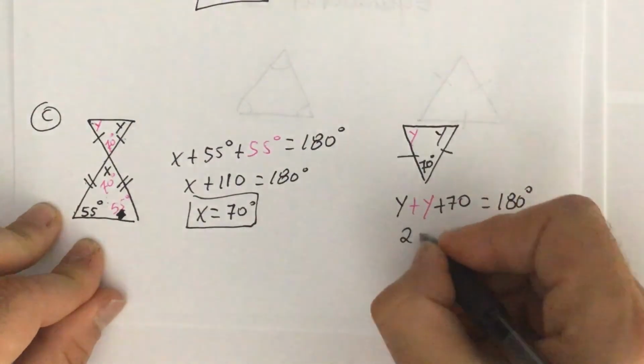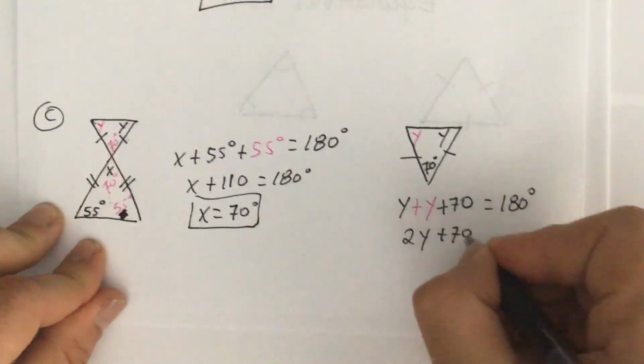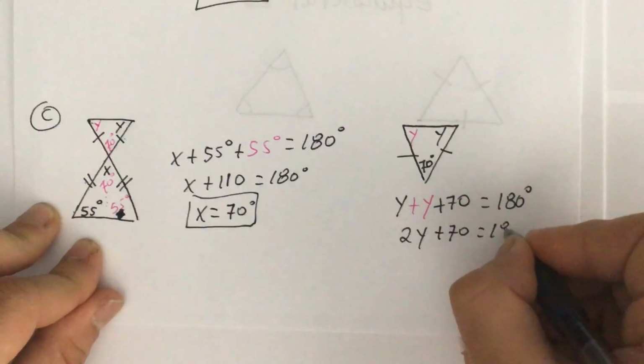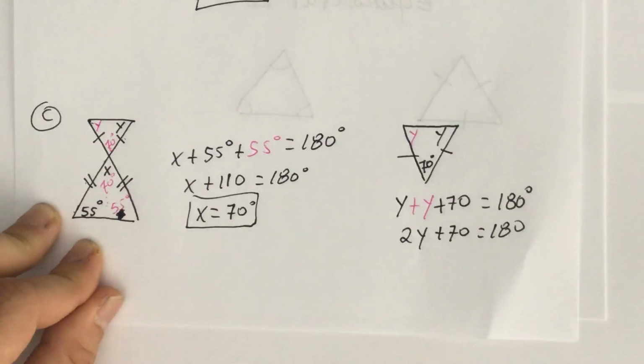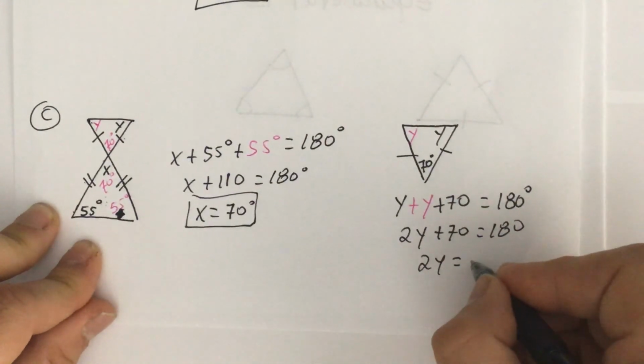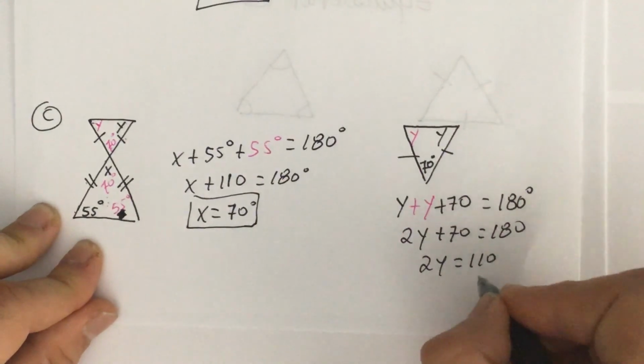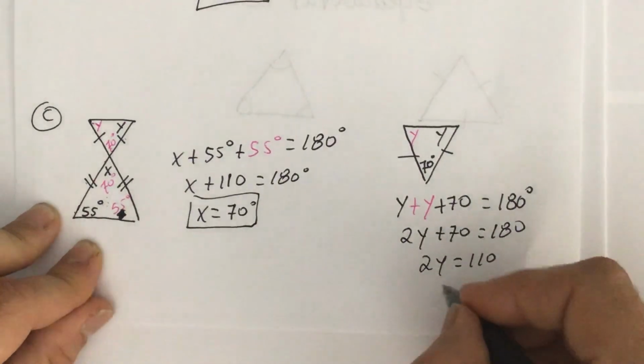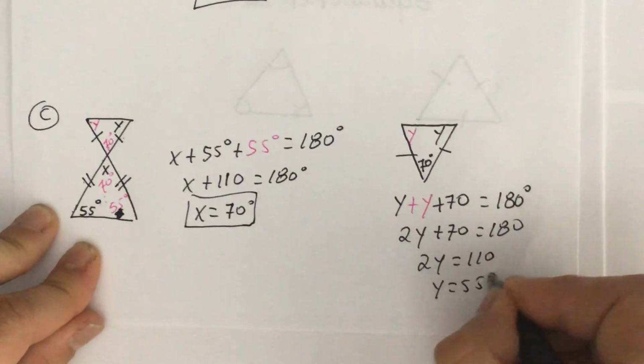So 2y plus 70 equals 180 degrees. 2y equals 110. And y is equal to 55.